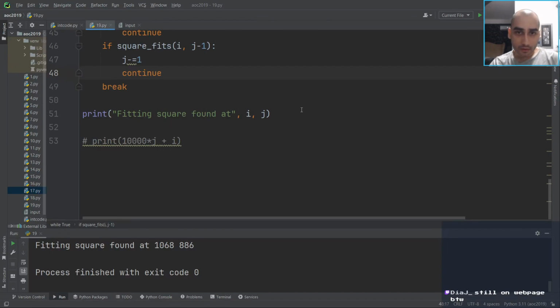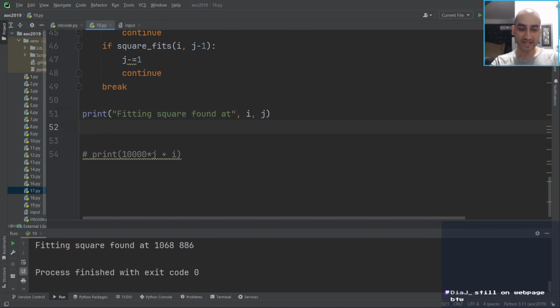Okay, so square distance equals, so it's going to be I times I plus j times j. That is the distance from the emitter.